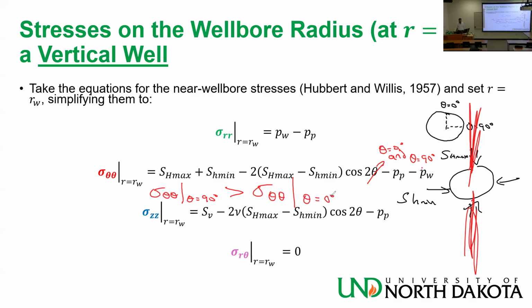That means theta equals 0 is less resistive, the easiest way to go. Remember, what I'm trying to do is get sigma theta theta to be less than minus t. Minus t is a value, like minus 1,000. If I get it at theta equals 90, it means I already got it at theta equals 0, right? Yes. So that's why there is an answer to this.